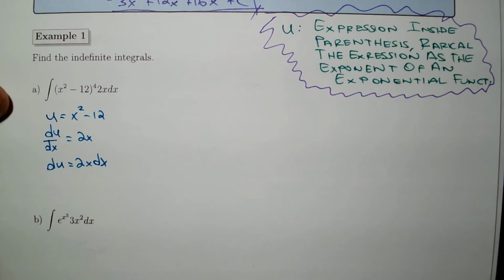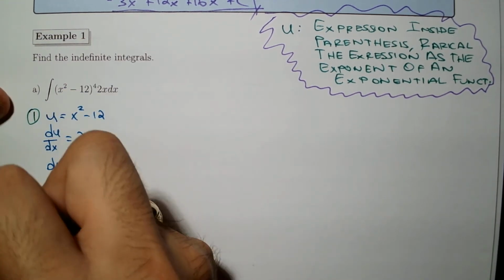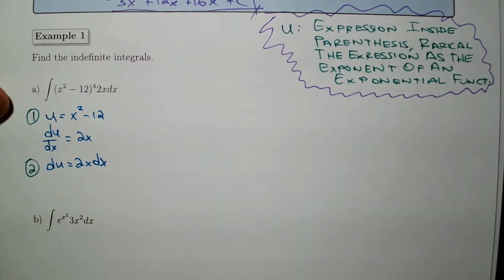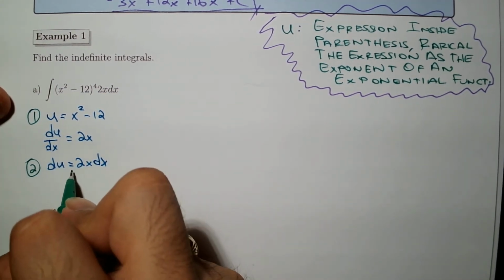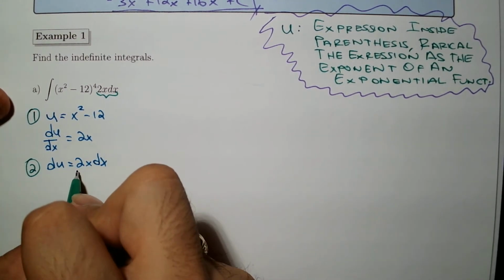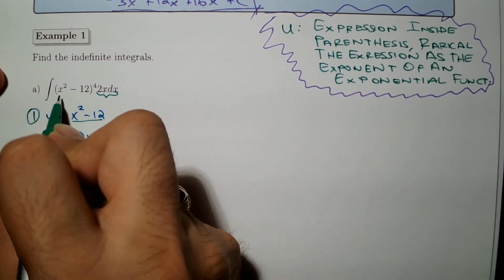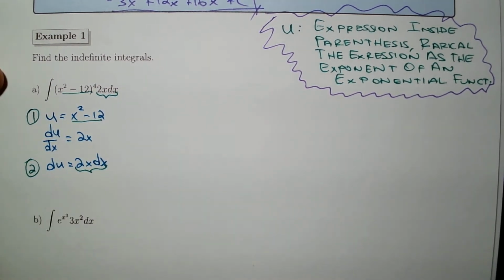So there's two pieces of information that we need to take care. Number one, the u, and number two, the du. Okay, so in this case, notice how the 2x dx matches exactly our du. And in this case, notice, well, our u is the quantity, again, inside of the parentheses.